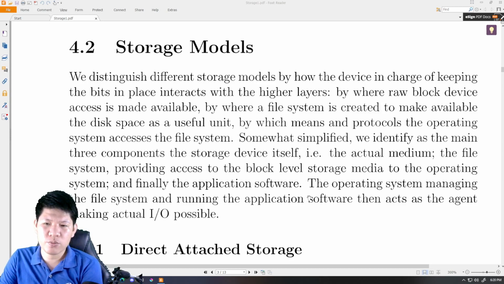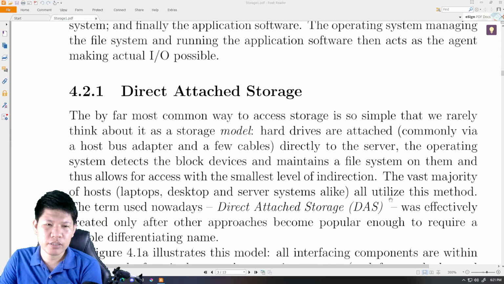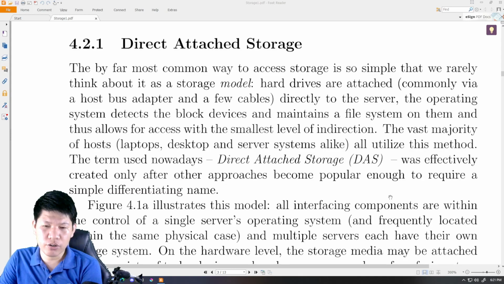Somewhat simplified, we identify as the main three components the storage device itself, the actual medium, the file system, and providing access to the block level of the storage media to the operating system. And finally, the application software. The operating system manages the file system, and running application software then acts as an agent to make the actual input and output possible.